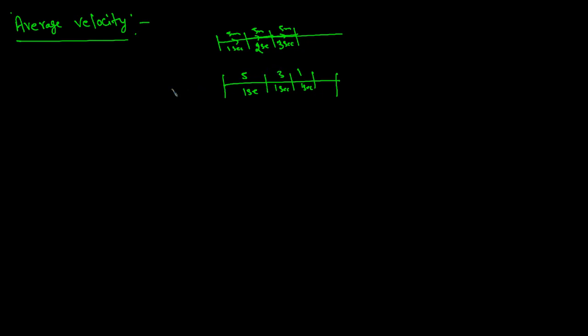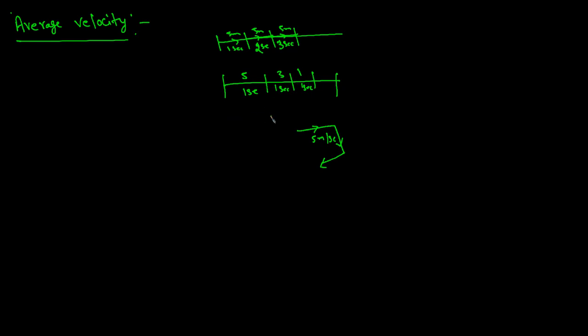A third case can be if it moves with a constant speed but changes its direction of motion. Its speed is the same, let's say 5 meter per second, but it changes direction. So there is a change in direction, then it's called variable or non-uniform velocity.